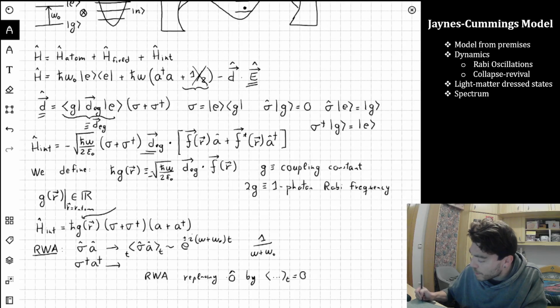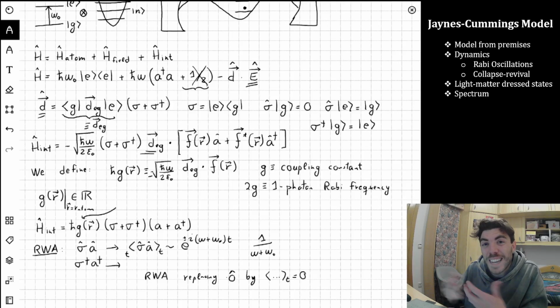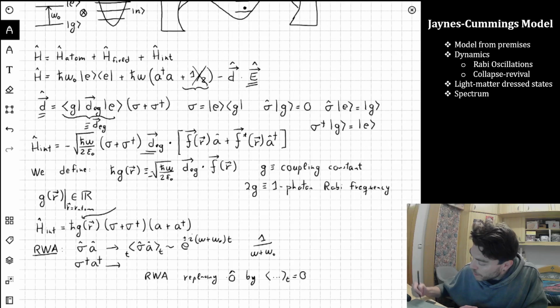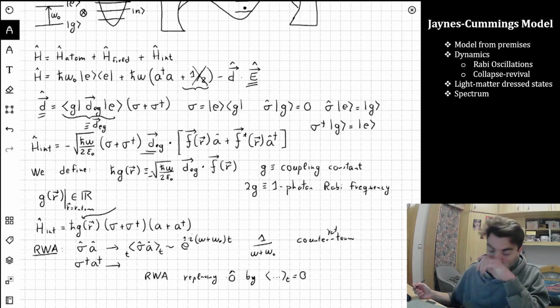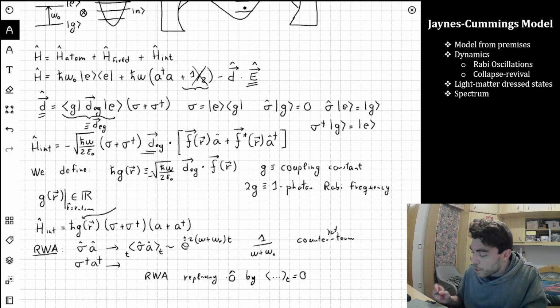But this mean value is 0, so typically you say that the rotating wave approximation discards these terms. These two terms are called the counter-rotating terms, which again we already discussed in the semi-classical model. So the rotating wave approximation consists in discarding these two terms.